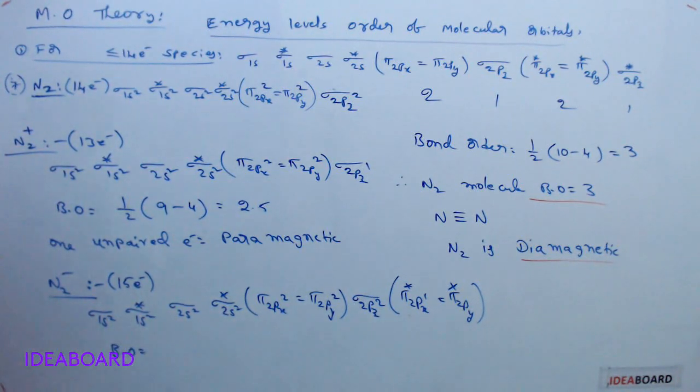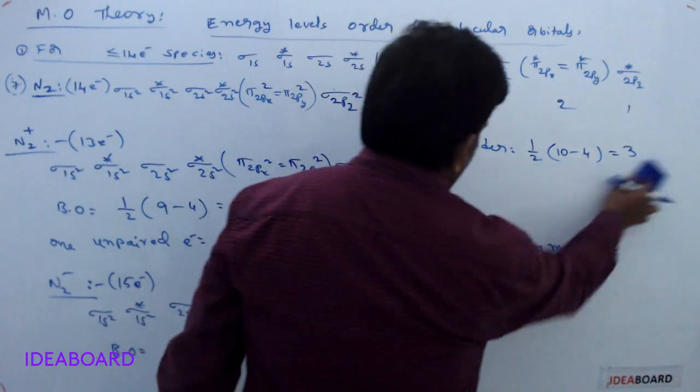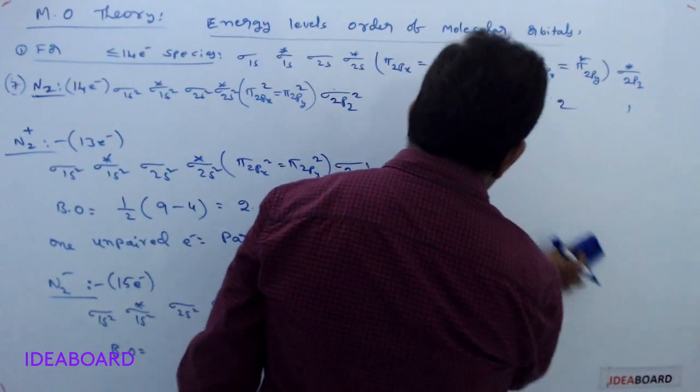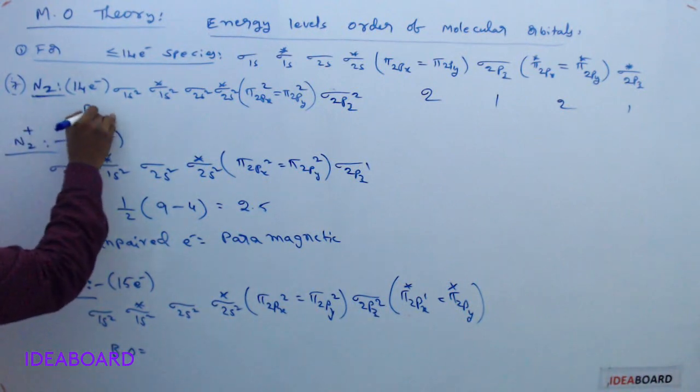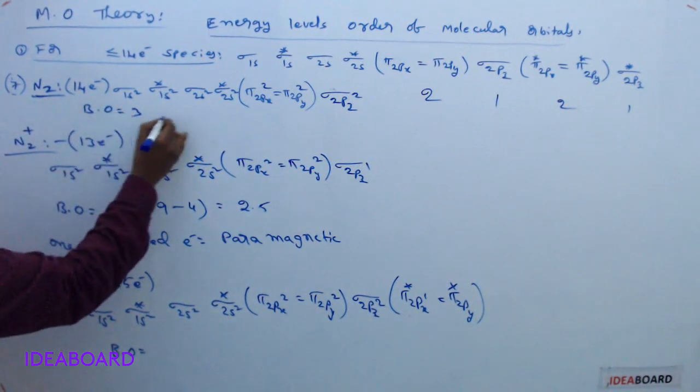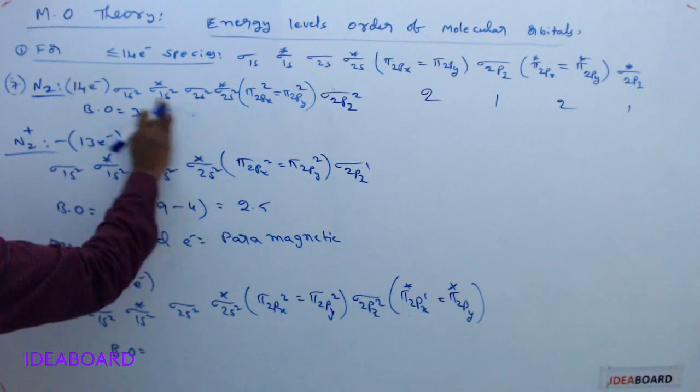So now calculate the bond order for this. For the N2 molecule, the bond order I gave is 3, and it is diamagnetic.